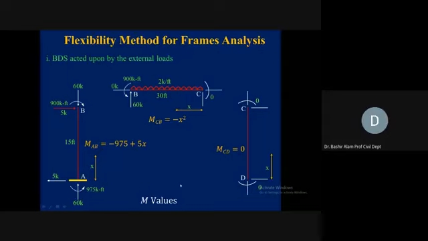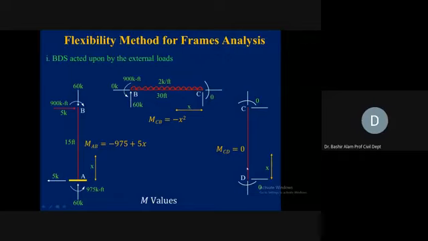And D. Now, if we start analyzing from the right-hand side, on the right-hand side, we don't have any load. So here, the axial force, the vertical line at D, is 0. The shear, the horizontal line, is 0. And the moment is also equal to 0.